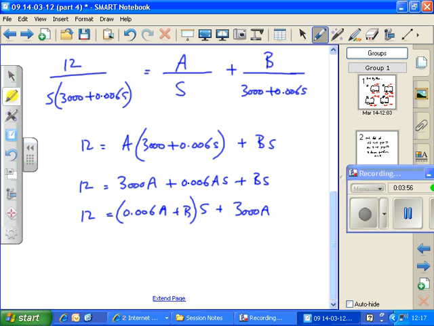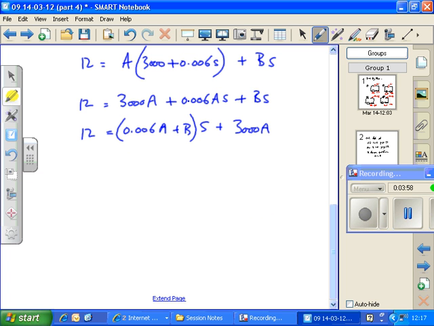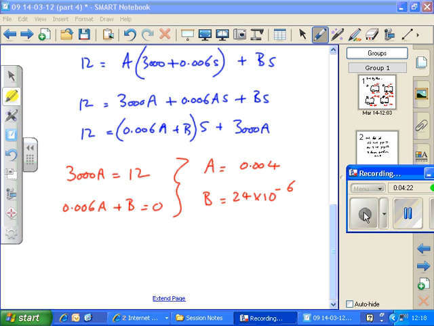And now we can equate coefficients, and we can say that 3000A equals 12, and that 0.006A plus B must equal 0. And that leads us to being able to solve for A and B. We get that A equals 0.004, or 4 times 10 to the minus 3, and B equals 24 times 10 to the minus 6.